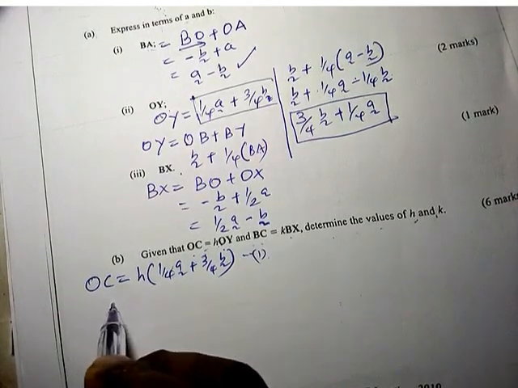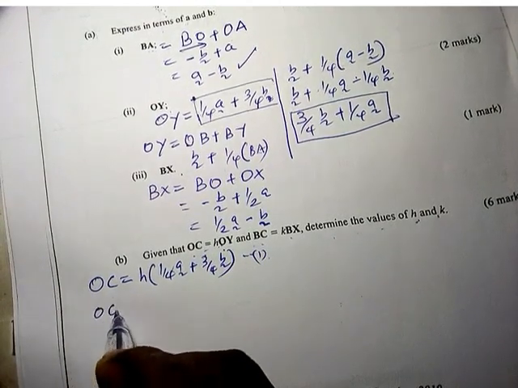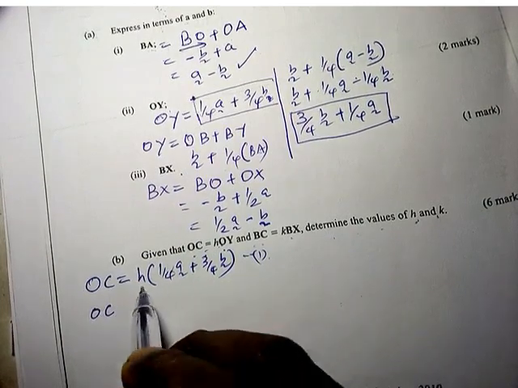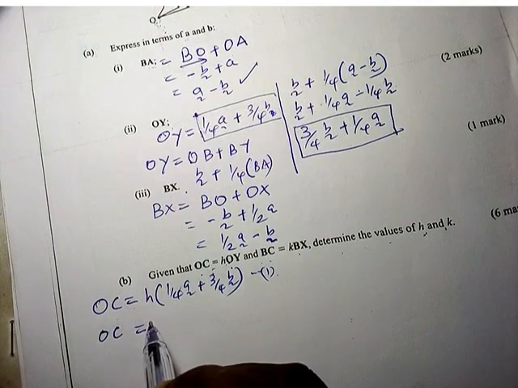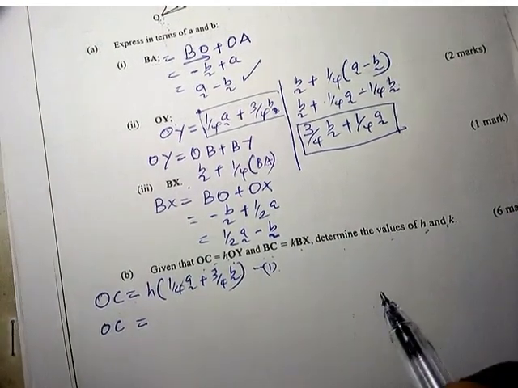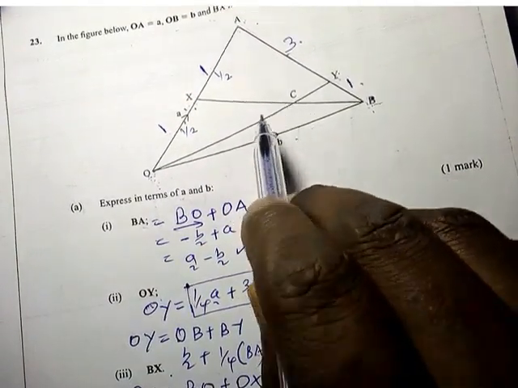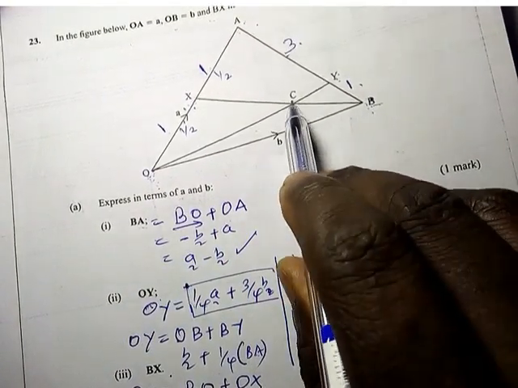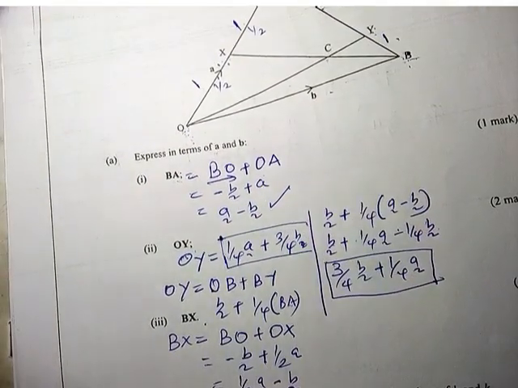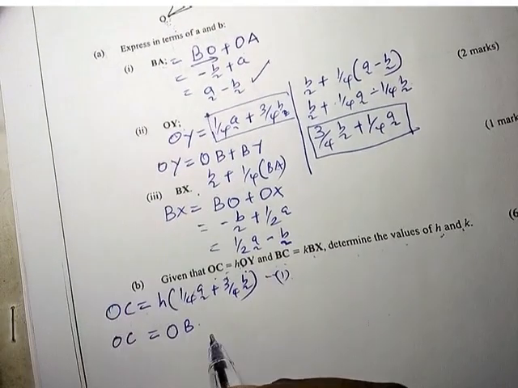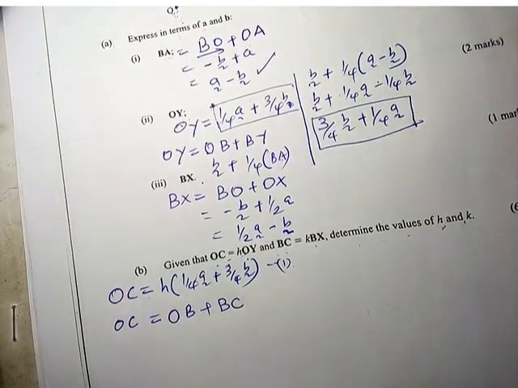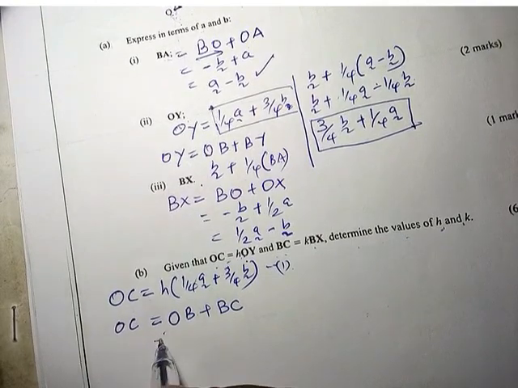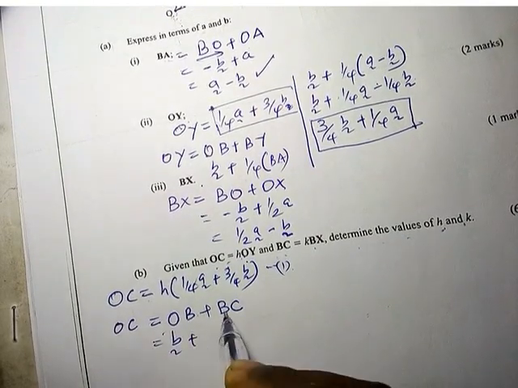Or OC, so we are expressing OC in two ways. This is one way. OC can be OB plus BC. OB is equal to B plus BC.